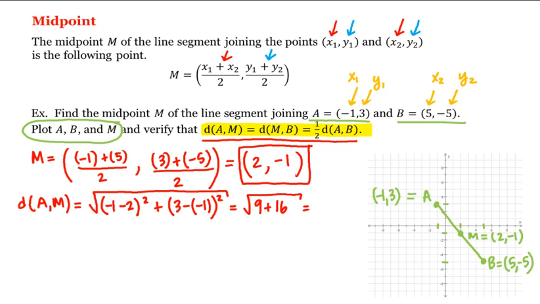So this is equal to the square root of 25, which is 5. That is, looking over here, this distance then between A and M is 5.